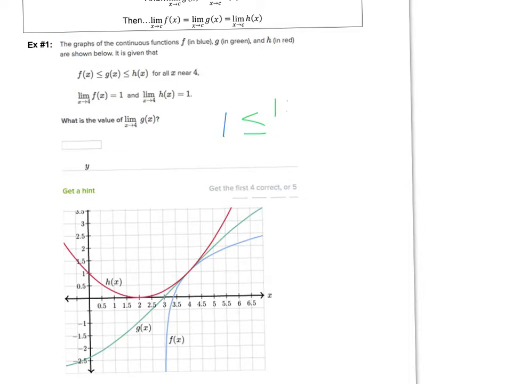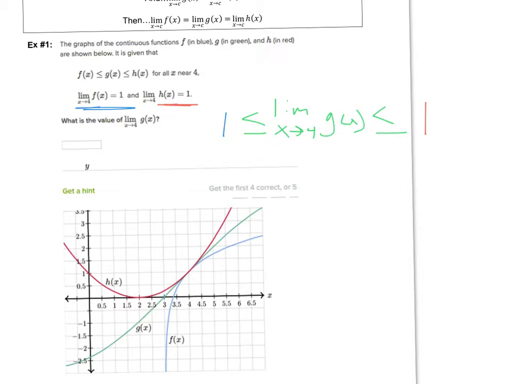We're trying to find the limit as x approaches 4 of g of x, that is greater than or equal to 1, and at the same time it's less than or equal to 1 from h of x, because we already know that that's 1. Well, if something is both greater than or equal to 1 and less than or equal to 1, then therefore it has to be 1.